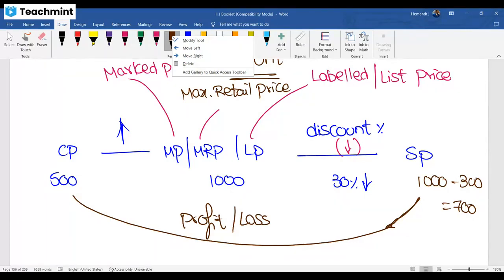Definitely any shopkeeper will increase the price by at least 5%. DMart also has at least 2%, 3% margin. Definitely they'll increase the price. If they don't increase, they don't get any profit. No one will work if there is no profit. Why am I teaching you? I get some salary, some profit.